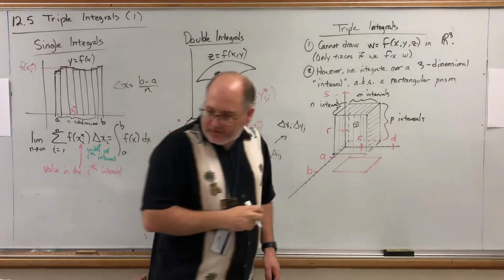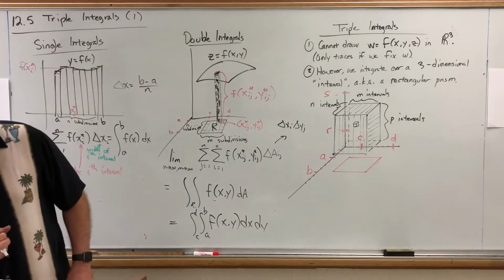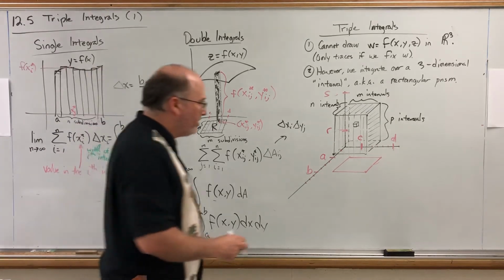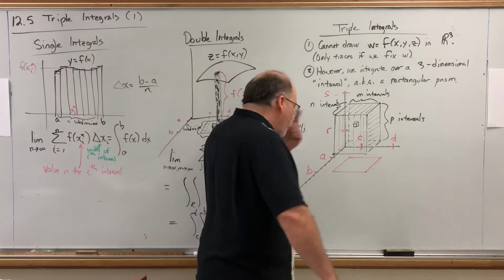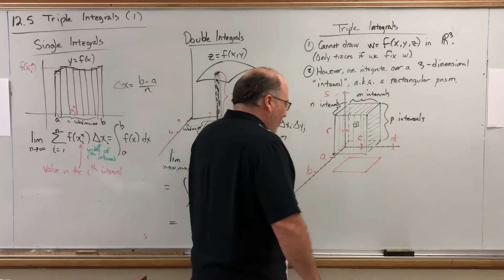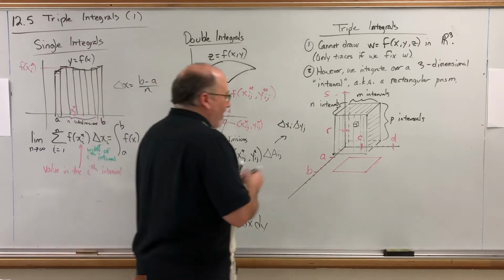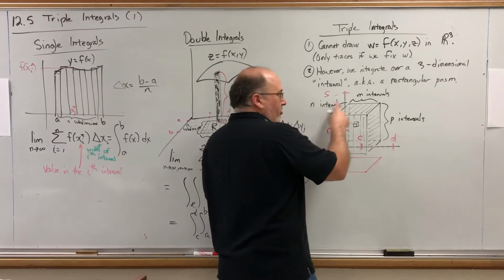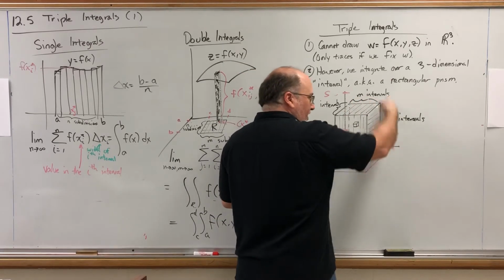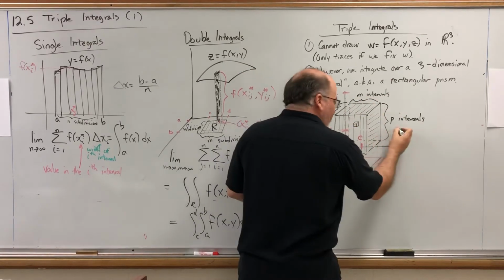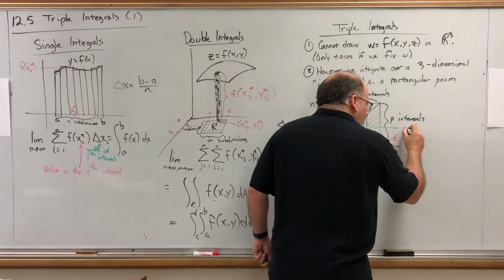If you want to see a better picture of this box cut up, I invite you to look on page 721 of your textbook. But if we grab one box in the middle, we'll call it the ijk box, meaning the ith interval in the x direction, the jth interval in the y direction, and the kth interval in the z direction.